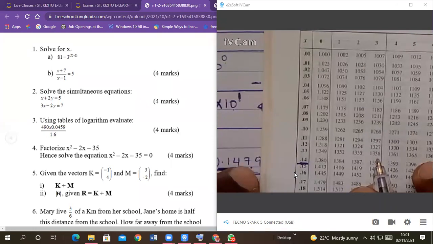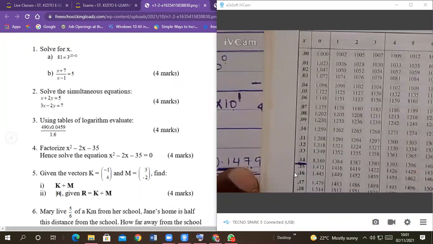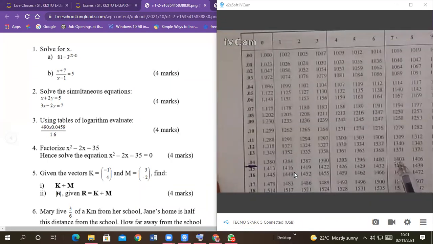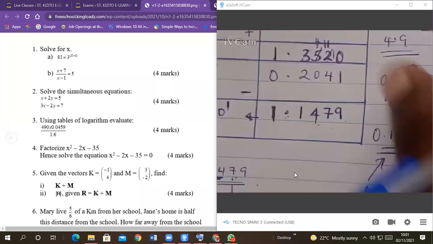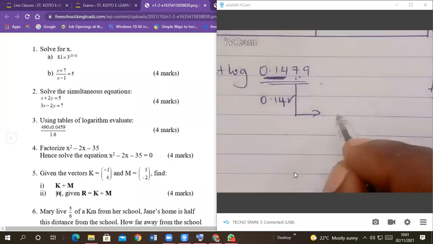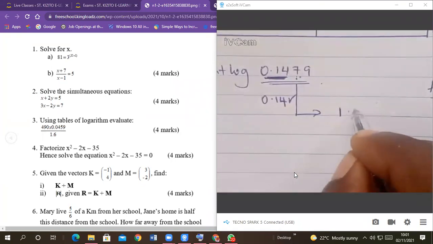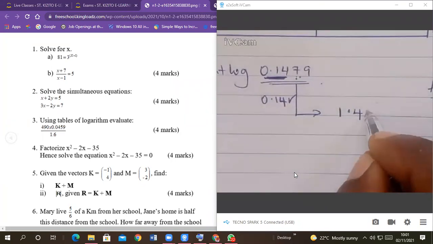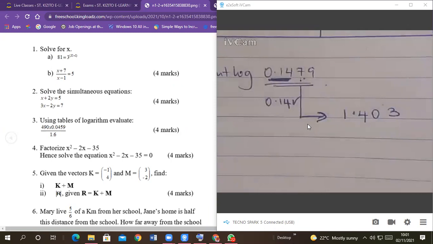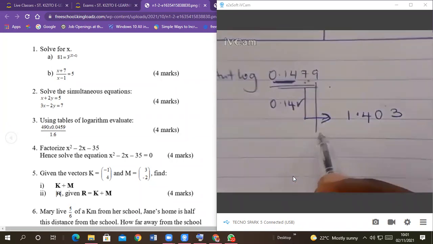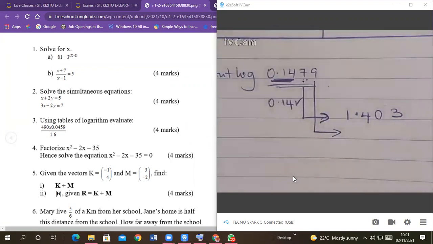Now we go to the column of 7, and under the column of 7, we have 1.403. Okay. So I'll come here and I write, I'm getting 1.403. That is under 7. Now I'm left with the column of 9. So I'll go to the column of 9, and also I have to find the value which is there under the column of 9.